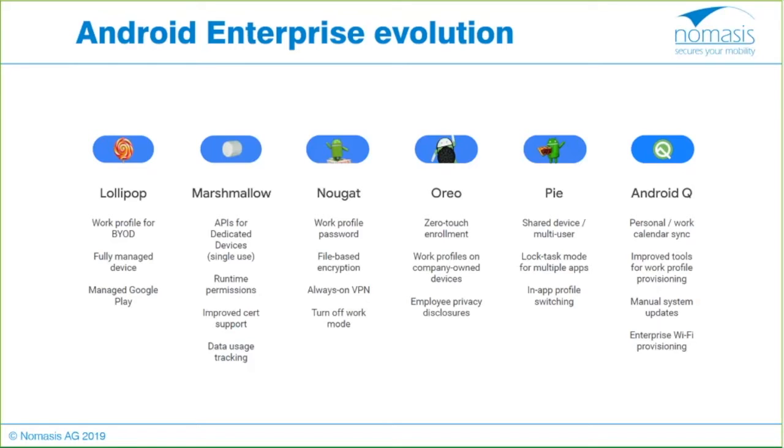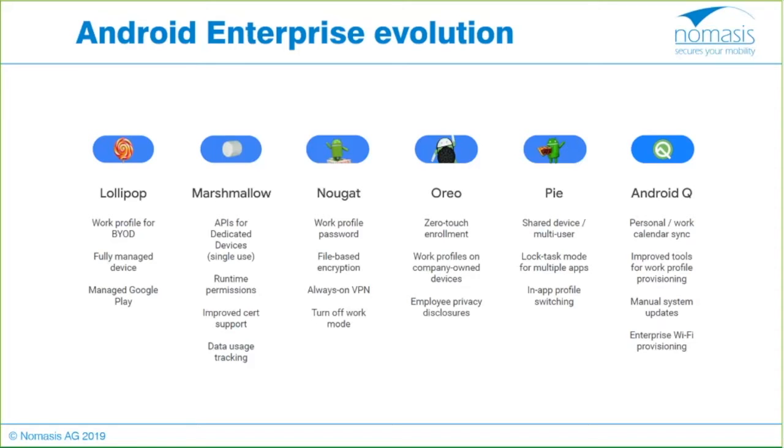And now with Android Q, or 10, they add even more features for privacy and everything like this. This is very focused on privacy, security, and enterprise features. You can see that most of the features are incremental.